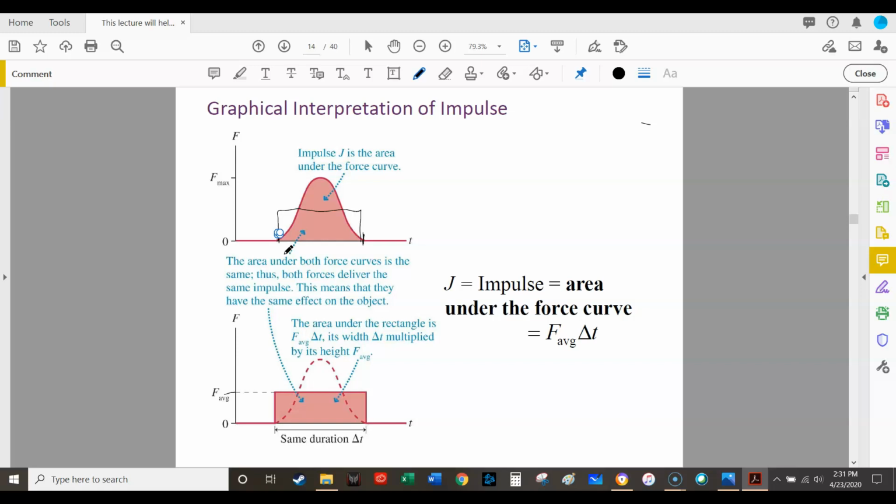There are little tricks to doing the integral of this shape too. But there are a couple homework problems where they give you the average force over the period of time, and they give you this shape, but they say this is the average force. Well, just know that if you're given the average force, that is the same thing as this. They're the same area.